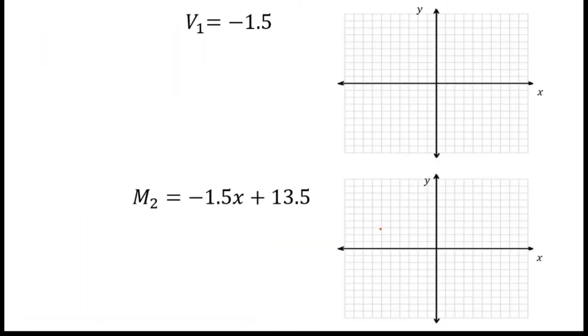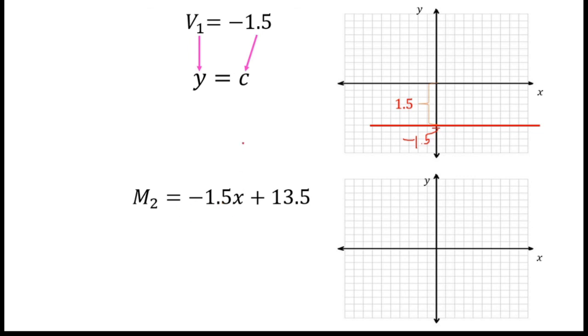Okay, now I am going to draw the graphs on this graph paper. V2 equals minus 1.5 is just a horizontal line, and it crosses the X axis at minus 1.5. So it is of the type y equals C. So this is the graph, this height is 1.5 and this value is minus 1.5.